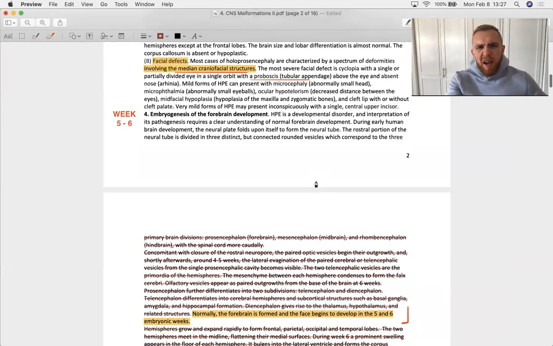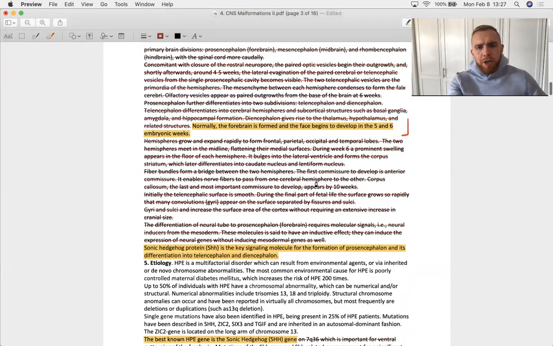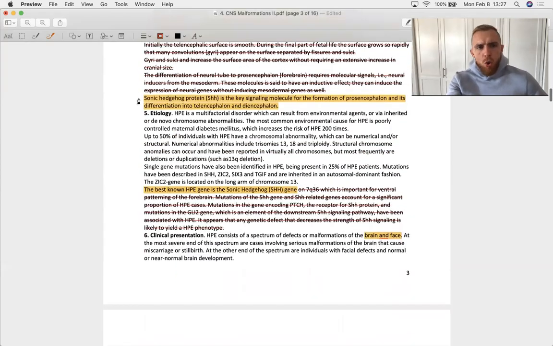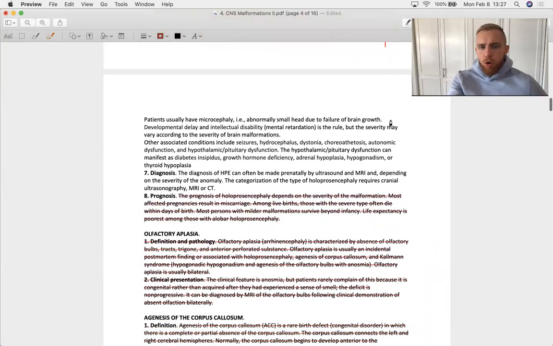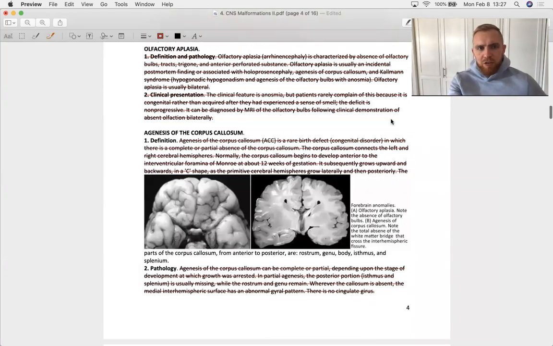So a big range of craniofacial anomalies that you see here with holoprosencephaly. Why does it happen? Because of a mutation in the sonic hedgehog gene, which is very important for telling neurons where to go. So again, both the brain and the face are involved because those two structures are growing together in weeks 5 and 6.